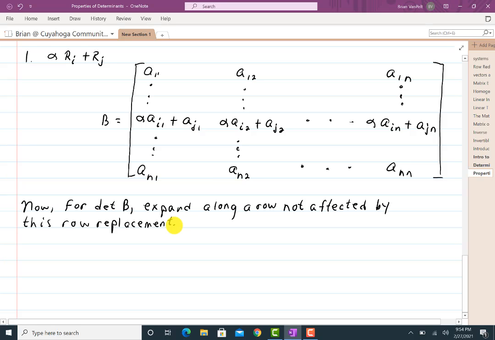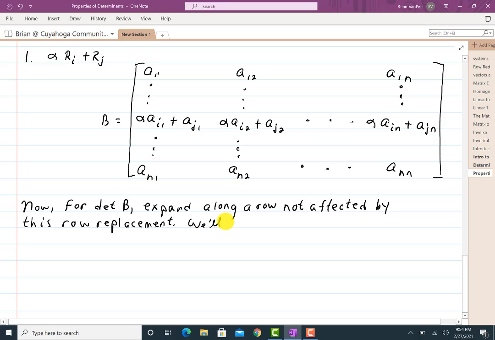I really think that I don't need to worry about row J. So what we're going to deal with then is we'll expand along another row. And notice there's two rows that are affected here. I and J are affected.